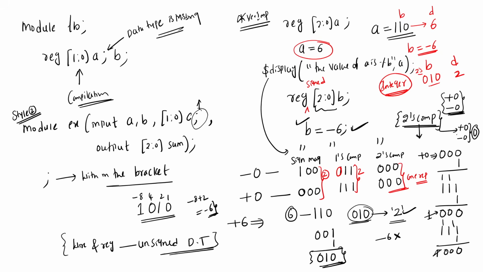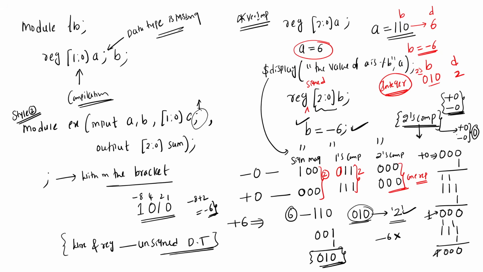Sir, I just want to summarize: if we are using reg or wire data type, the compiler will treat the variable's value like an unsigned number. It will never see the MSB as a sign. But if we provide that variable's data type as integer, then the compiler will see the MSB as a signed number.